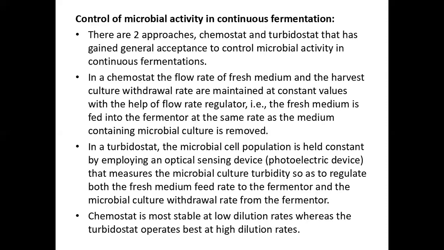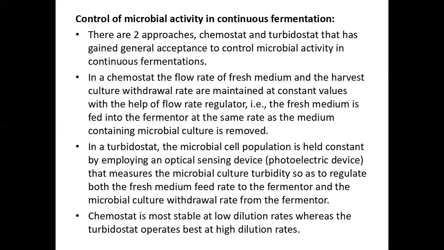So the turbidity will be increasing in the fermentation process, right? We are trying to keep the turbidity at a constant level, which means, in other words, we are trying to keep the cell number at a constant level by checking the turbidity. How to check the turbidity?